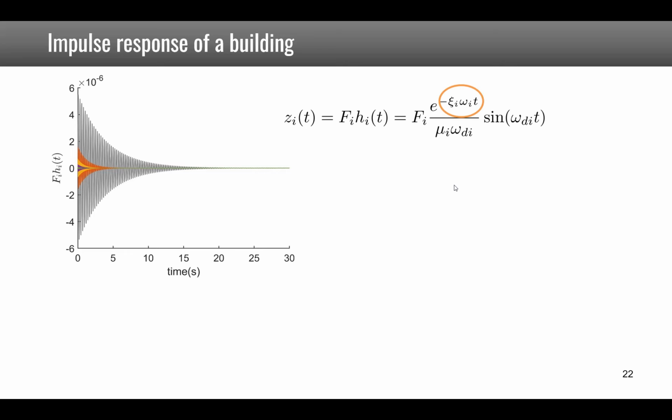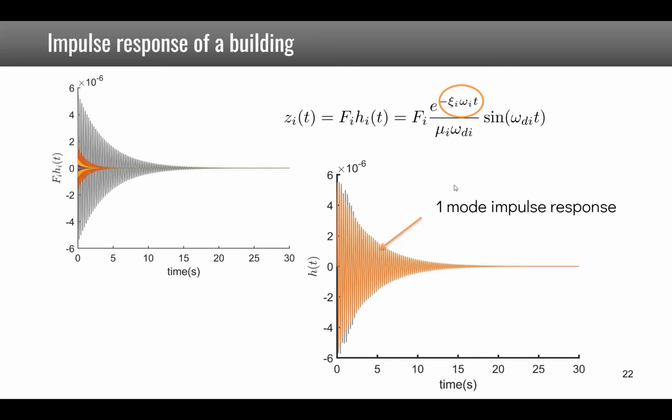And so when you sum up everything, you will see that actually only in the beginning do you have a noticeable difference between the total impulse response corresponding to all modes and the impulse response of mode 1. So after a certain time, the system will only oscillate on mode 1 and have a clear decay with the frequency and damping of mode 1.